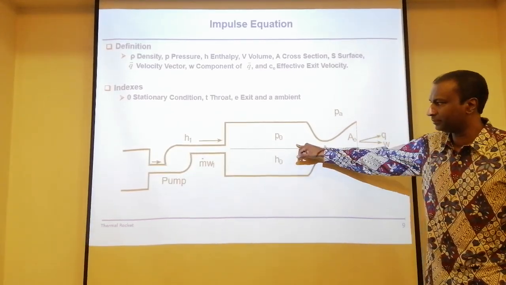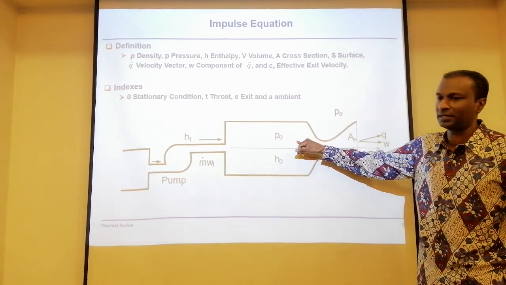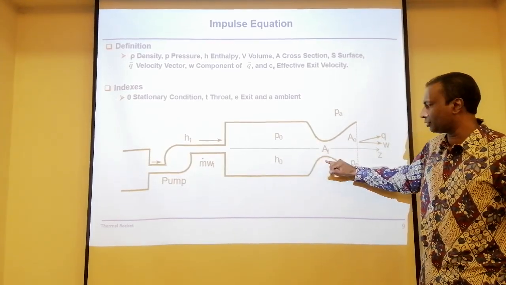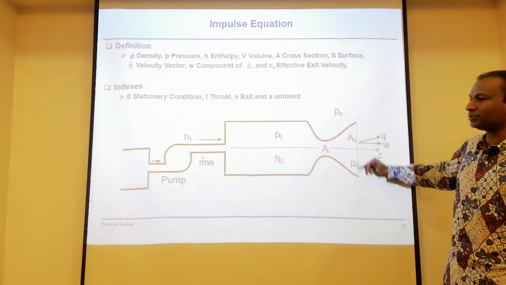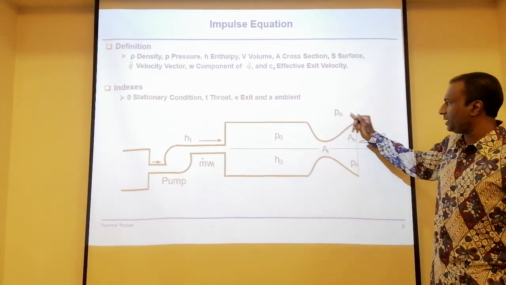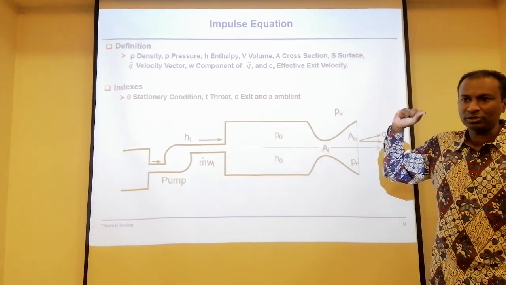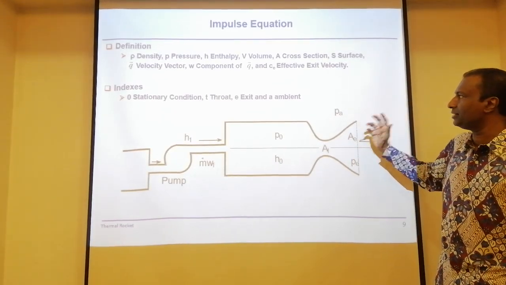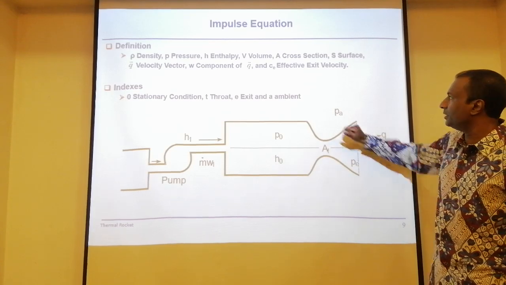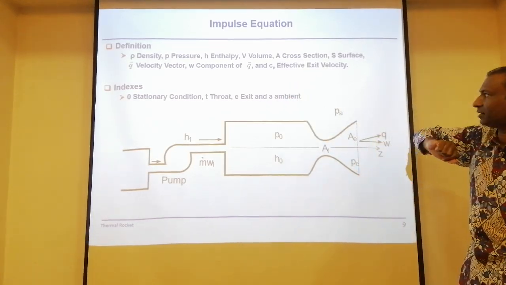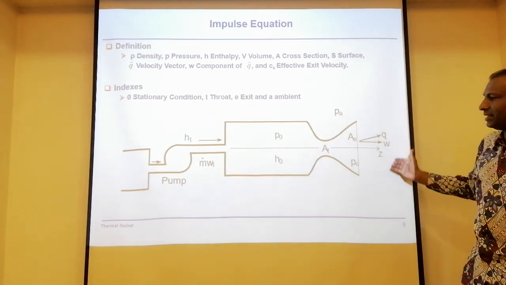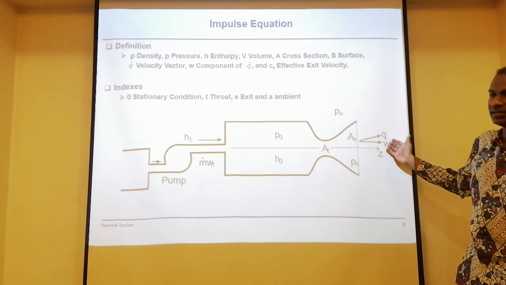P is pressure. This is the combustion chamber, this is the throat, this is the cross section of the throat, and this is the cross section of the nozzle at exit. PA is the atmospheric pressure. So these are the terms you need to really understand. Note that CE is the effective exit velocity, but we didn't write it here.